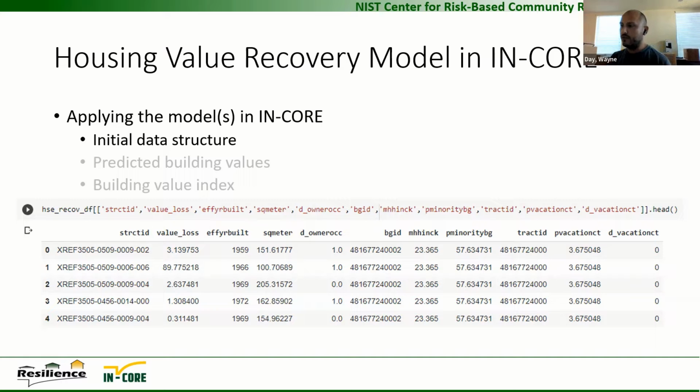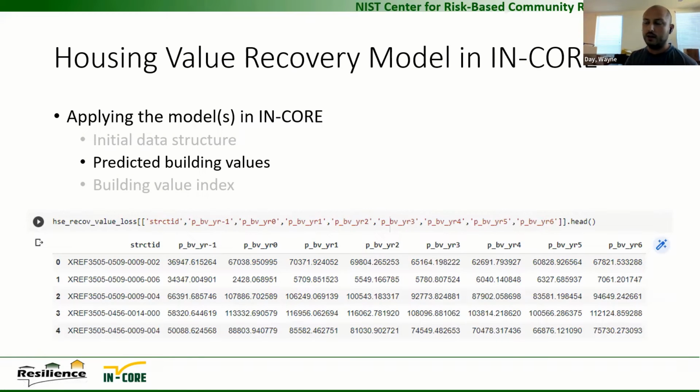So these are all the variables that are needed: value loss, effective year built, square meter, owner occupancy, and then we've got data at the block group level, which includes median household income in thousands, percentage minority at the block group level, and then at the tract level, we've got percentage of vacation, and then this last one is just a dummy of whether we're considering that tract a vacation housing market.